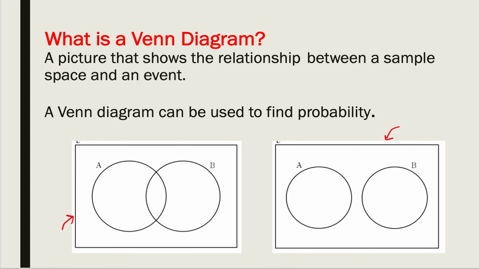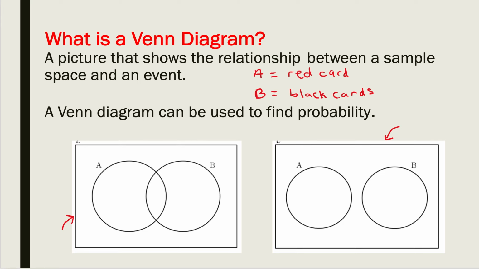All right, so let me give you an example just to make this make a little more sense. Let's say that we are looking at a deck of cards, and let's say event A is a red card, and event B would be the set of black cards. When you think about those two groups, they are entirely separate.